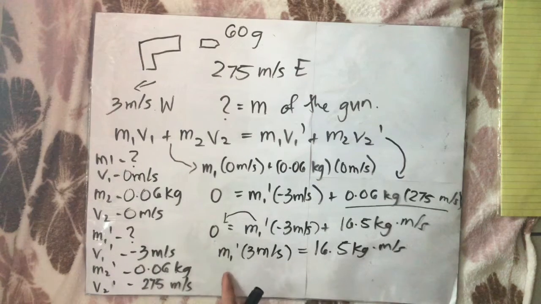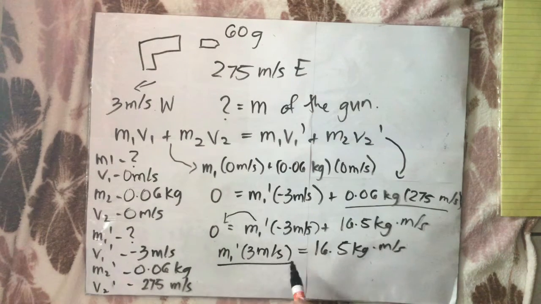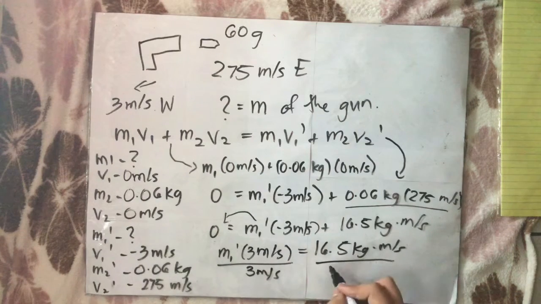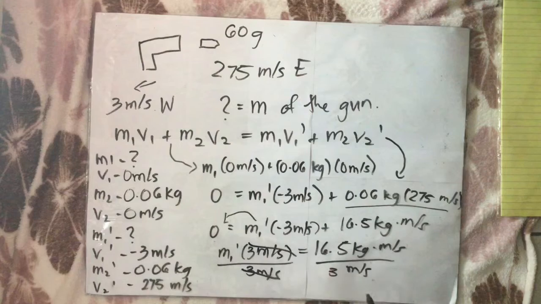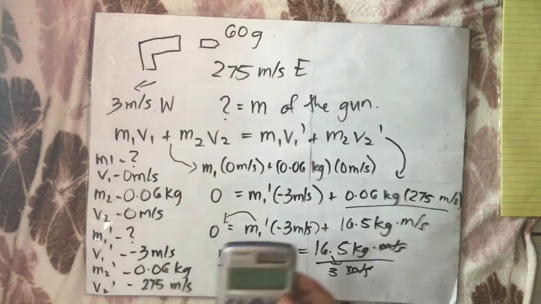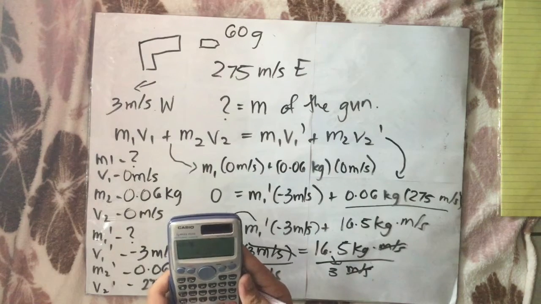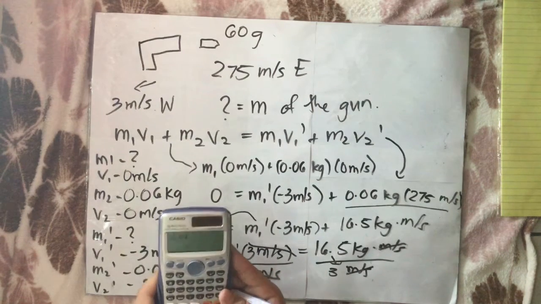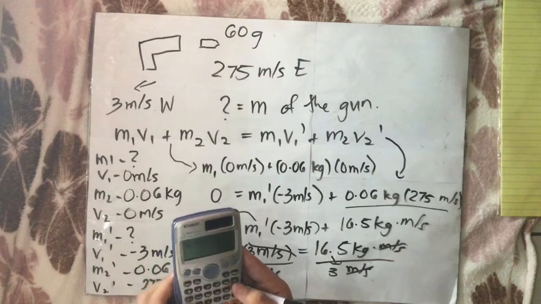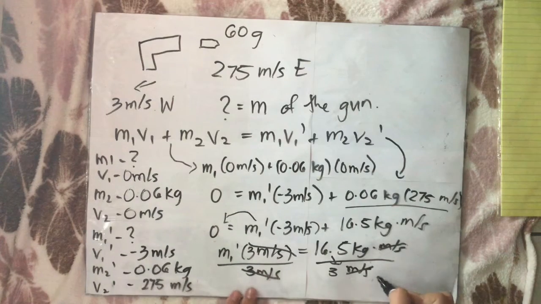To find mass, we cancel the 3 meters per second, cancel the units that are the same, then divide. 16.5 divided by 3 is 5.5.